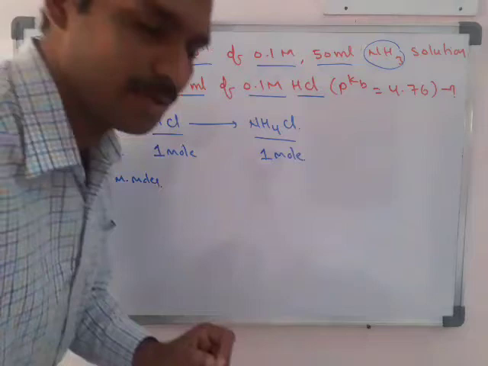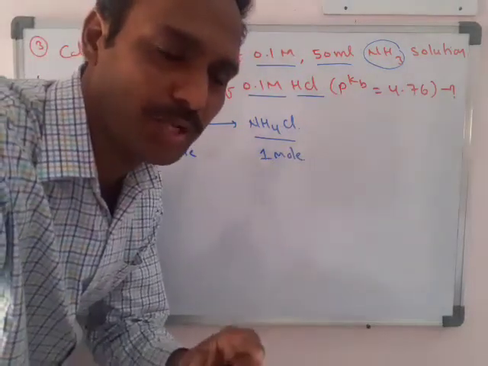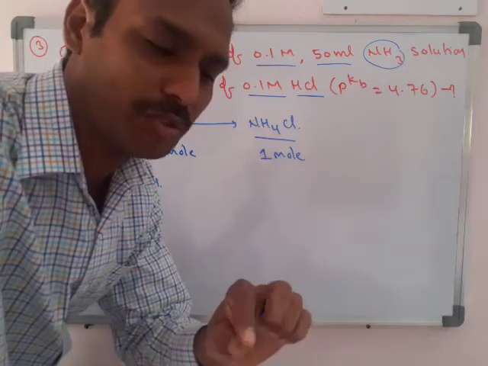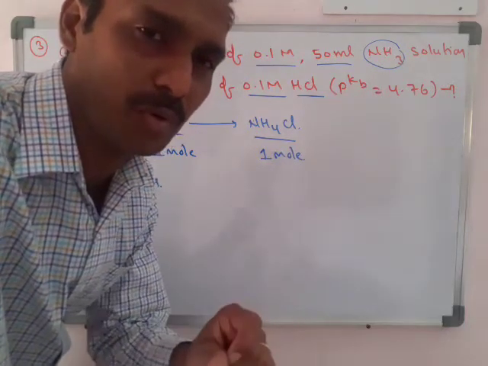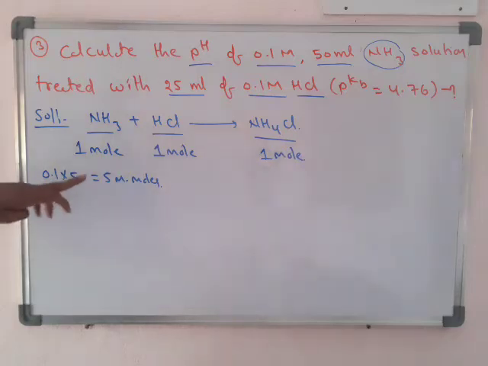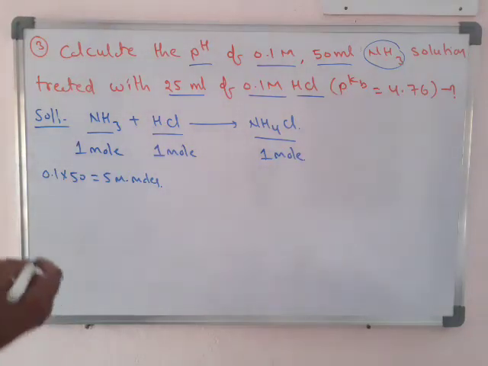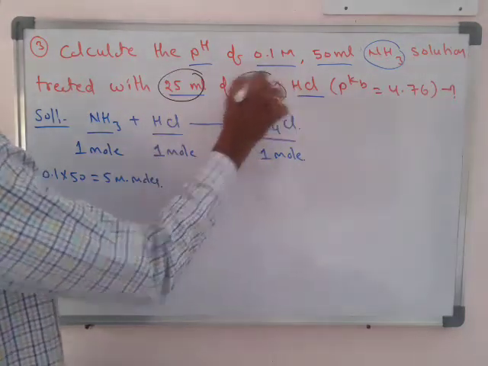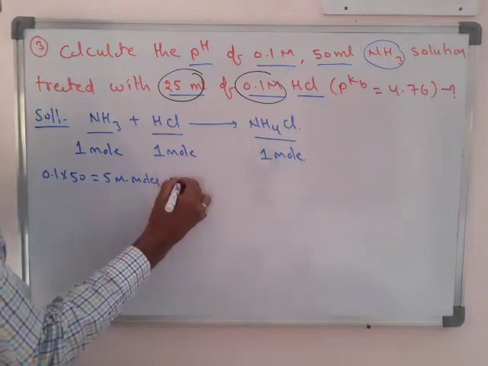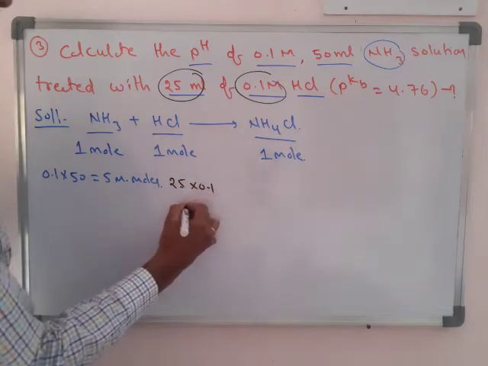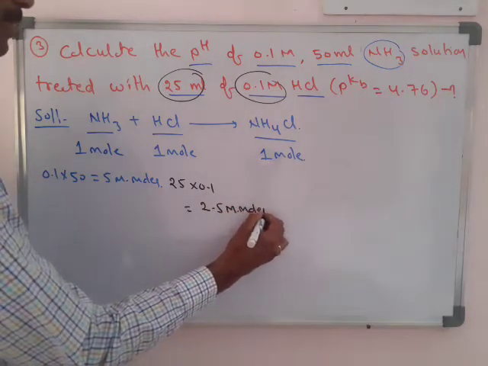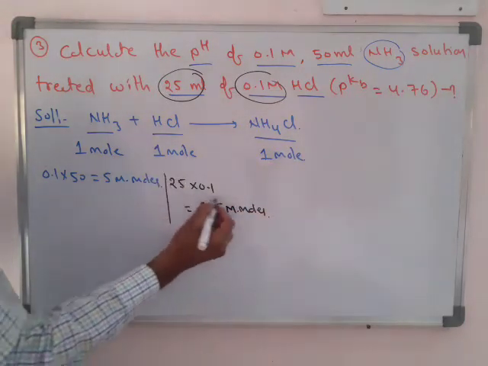Molarity is given, volume is also given. That's why we do the problem in terms of millimoles. So 5 millimoles of ammonia is given. Next, what about HCl? HCl is 25 milliliter 0.1 M. 25 into 0.1, that is 2.5 millimoles.